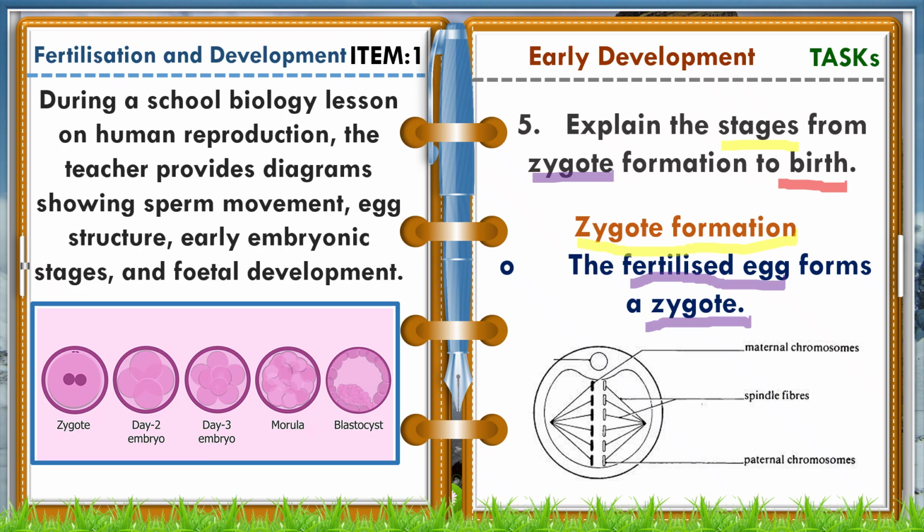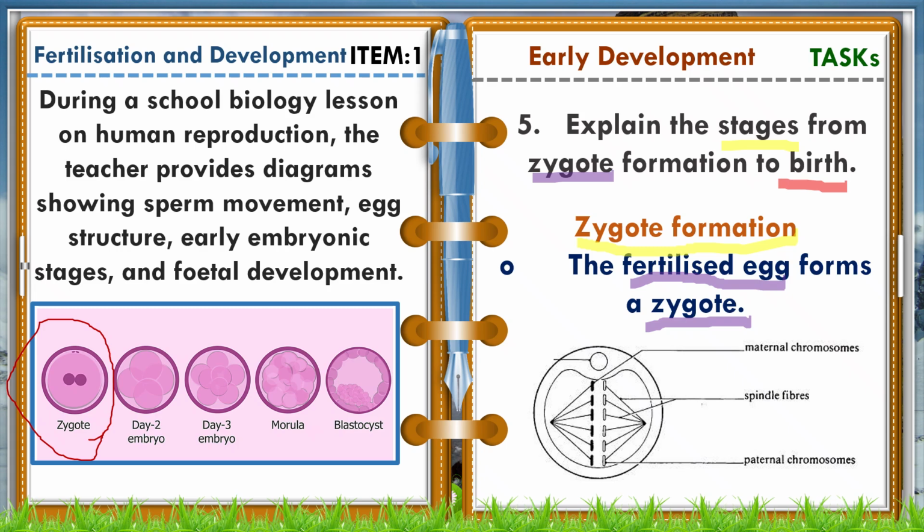For example, if we look here, here we have our egg with the two nuclei fusing. When the sperm nucleus and the egg nucleus fuse together, what we form is what we call the zygote.